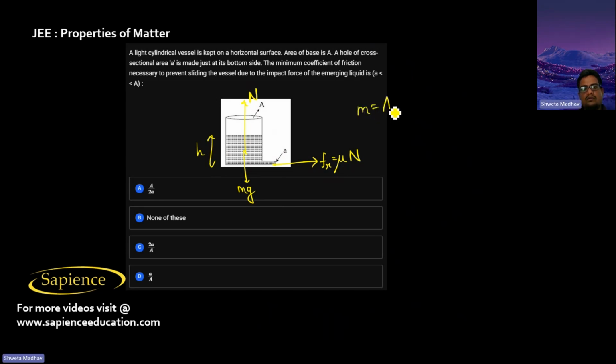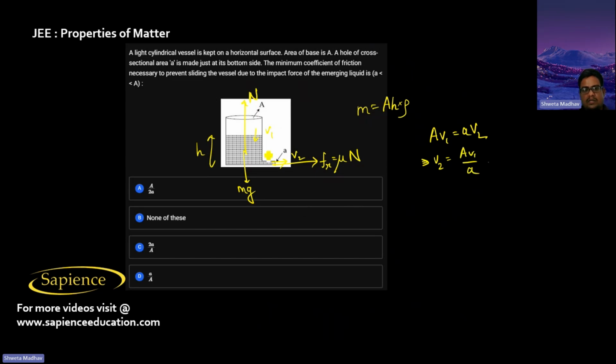Therefore, mass will be volume A h into density, that is rho. This whole water will come outside. Let's say the velocity that is v1 here and the velocity with which it will come out, that is v2. So A into v1 is equal to small a into v2. Therefore, v2 is equal to A v1 by a.